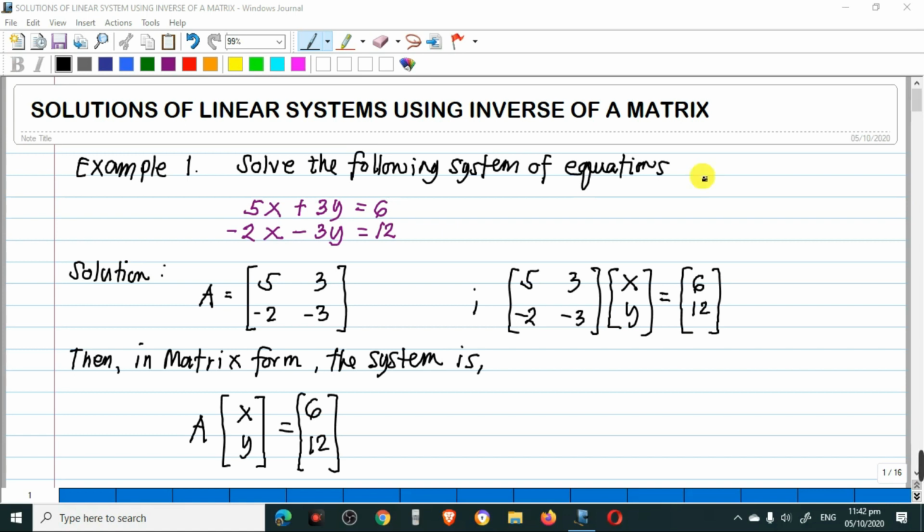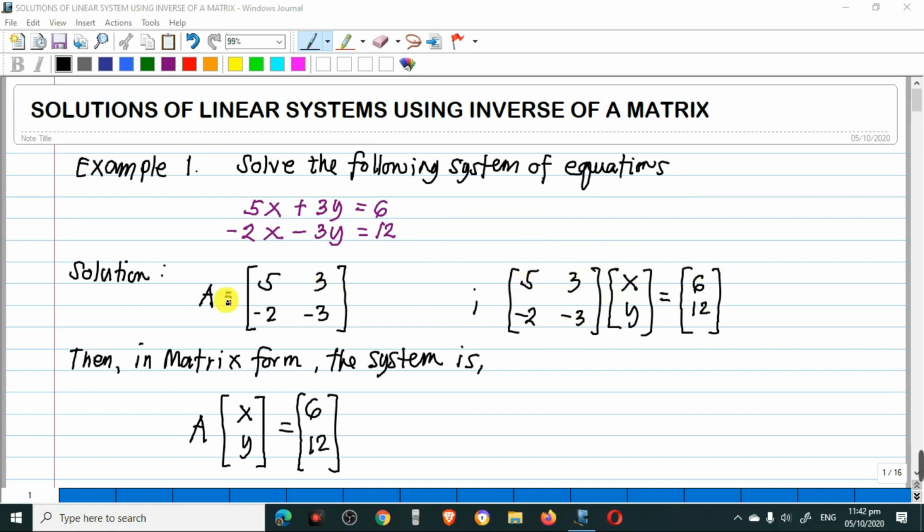If you know it already, then it is easy to check that this equation is the same as this equation. This equation is the system of linear equations, and this one is already in matrix form. These two are the same.